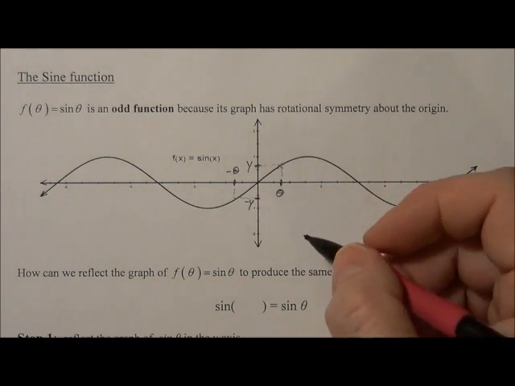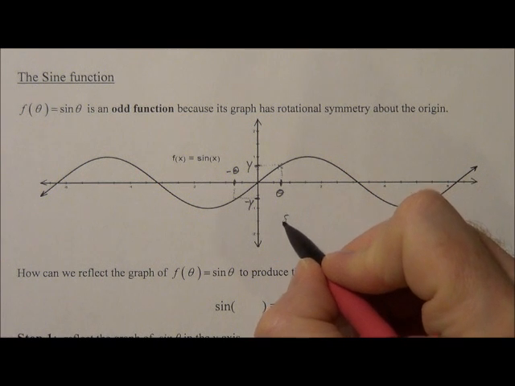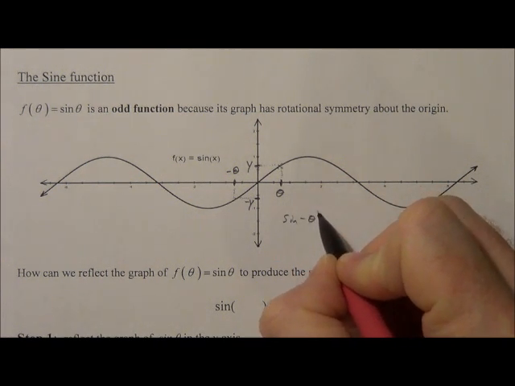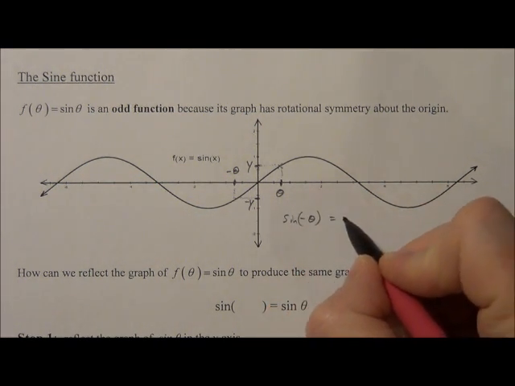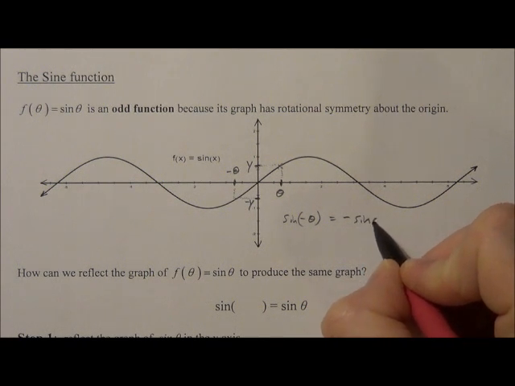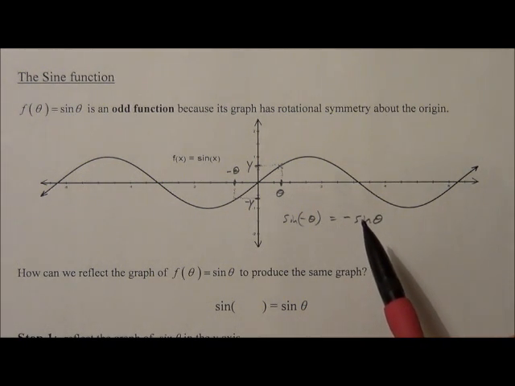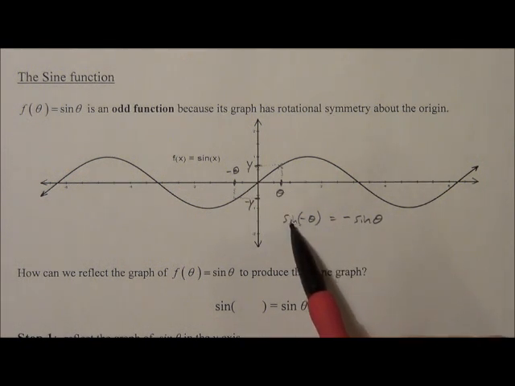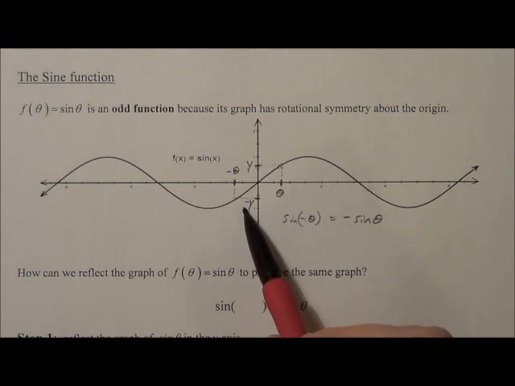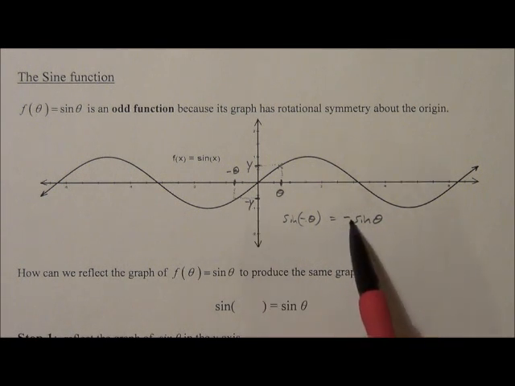So that would tell us that sine of negative theta equals negative sine theta. Because sine theta was y, sine of negative theta was negative y. Therefore negative sine theta.